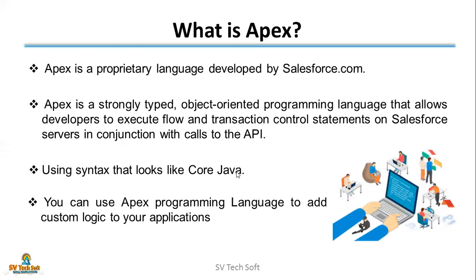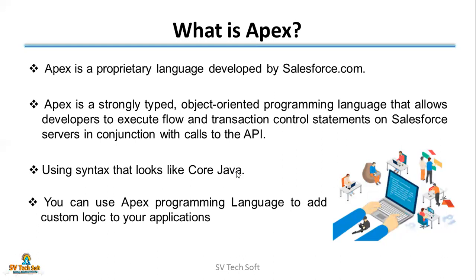You can use the Apex programming language to add any custom logic in your Salesforce application. First of all, what is Apex? Apex is the native programming language provided by Salesforce. It is a strongly typed and object-oriented programming language to do any kind of transactions on the server.